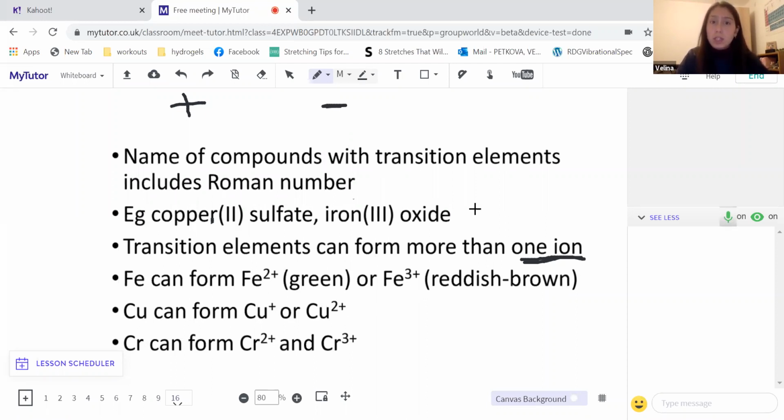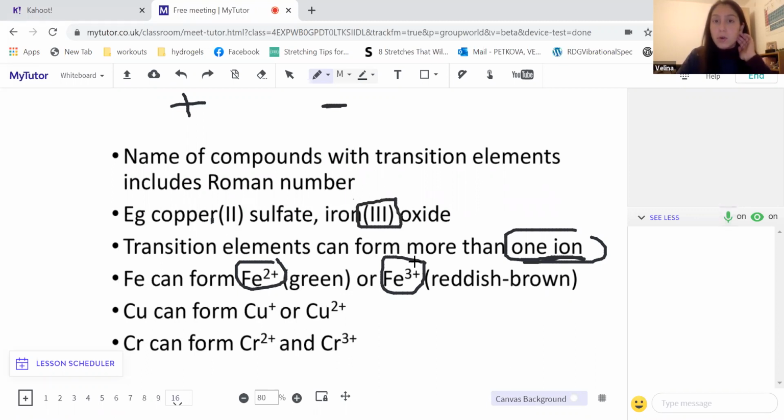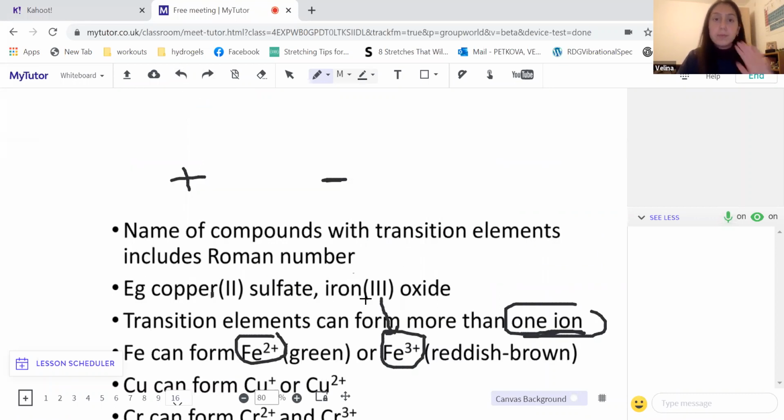However, with transition elements, they can form more than one ion, as seen here. So iron can form both iron 2+ and iron 3+. Okay, so these Roman numerals, they're telling you what the ion is. So in this case, iron 3 oxide, we know that it is this ion. If we had iron 2 oxide, which ion would it be?